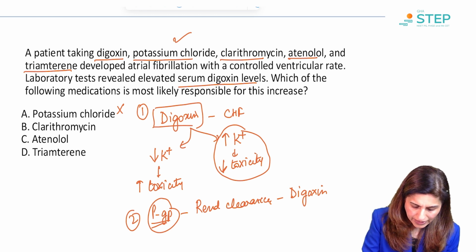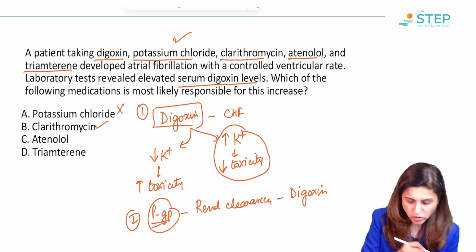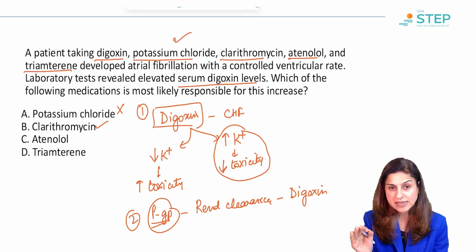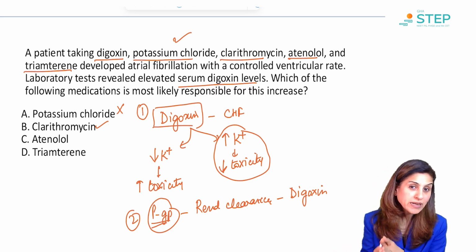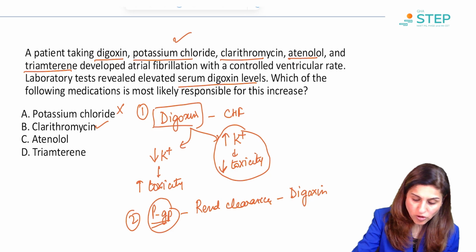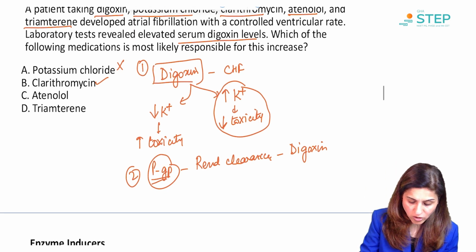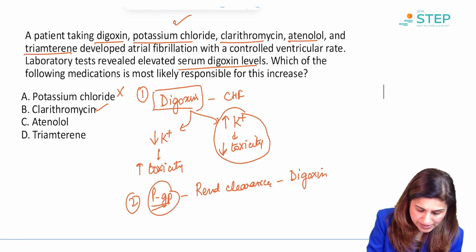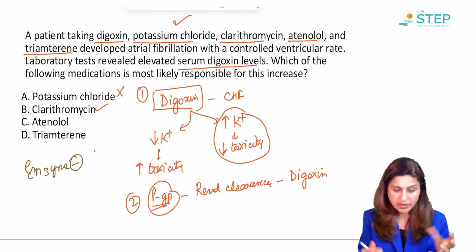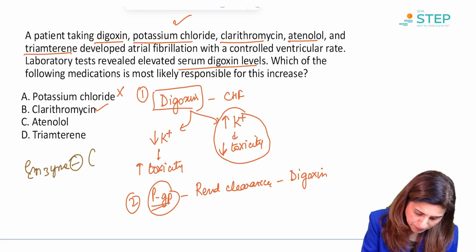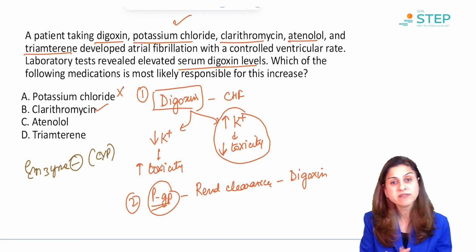Then next is clarithromycin. Clarithromycin, it's an antibiotic, but what important thing should we know about clarithromycin? Clarithromycin is also an enzyme inhibitor. Again, which enzyme is inhibited? CYP. So it inhibits the CYP enzymes.